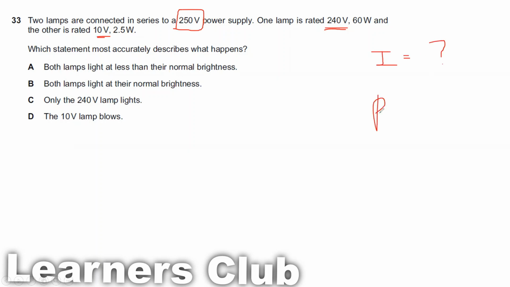If power is given, power is equal to VI. If we need to find the current, take the power divided by the voltage. Now, in this case, 60 watt divided by 240 volt will give you 0.25 ampere.